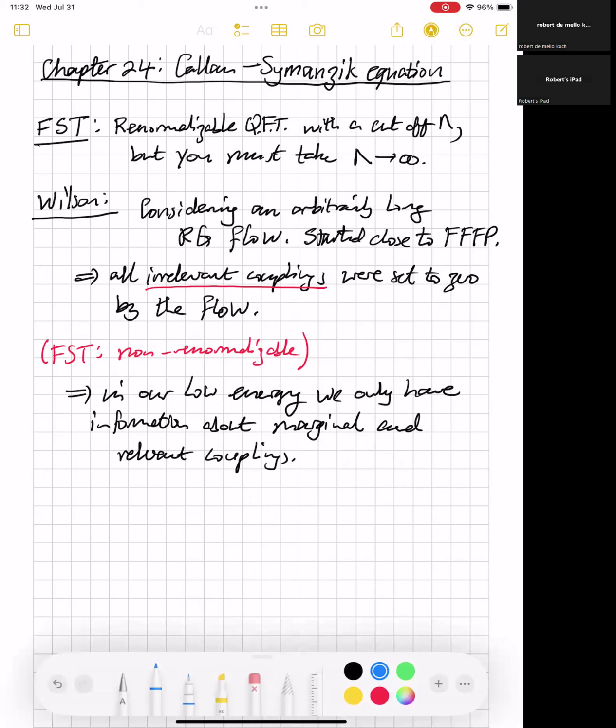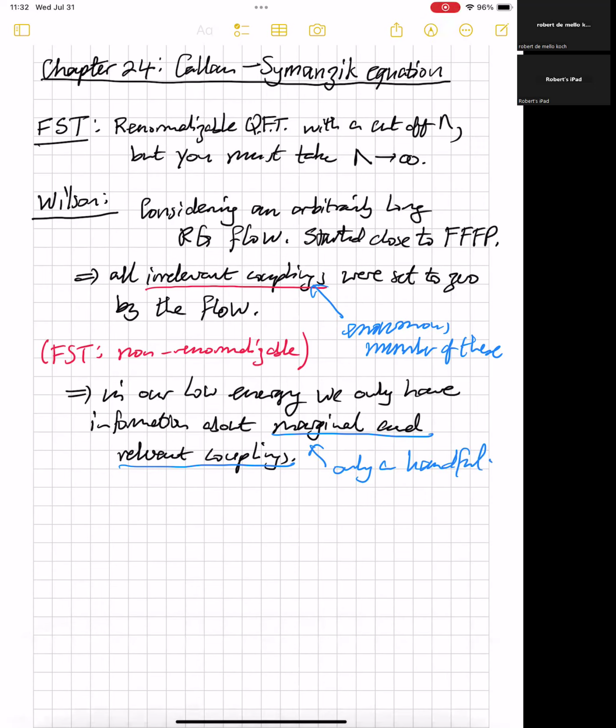Now, I want you to keep in mind one other thing. When you talk about irrelevant couplings, there's loads of these, an enormous number of these. So there's lots and lots of irrelevant couplings. When you talk about marginal and relevant couplings, actually, there's only a handful of these, very few of these parameters. So what you see is this very long RG flow has gotten rid of a whole lot of data that is completely irrelevant for the low energy theory.